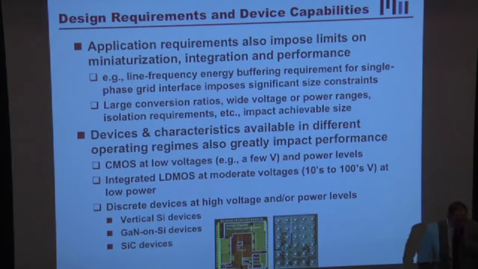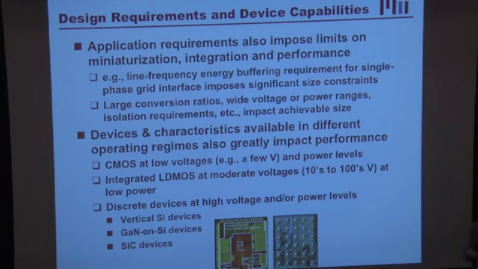In addition to just loss limits, I should say that in terms of making power converters miniaturized, reducing their physical size, application constraints also impose a pretty important limitation. For example, if I want to convert between the AC voltage of the grid, 60 hertz, and DC, it turns out, as we'll discuss later in the talk, there are some fundamental energy storage requirements associated with that which aren't related at all to the switching frequency of the converter.